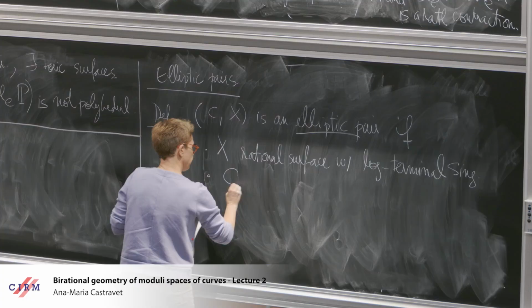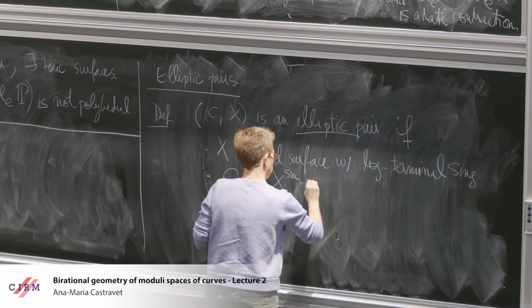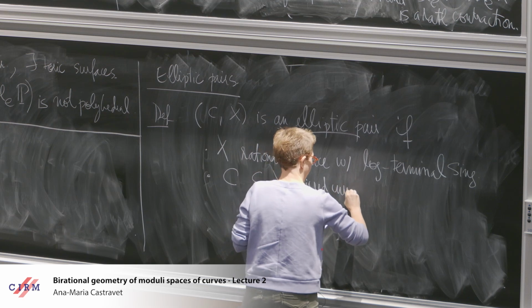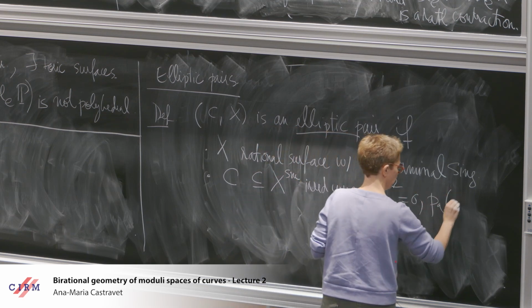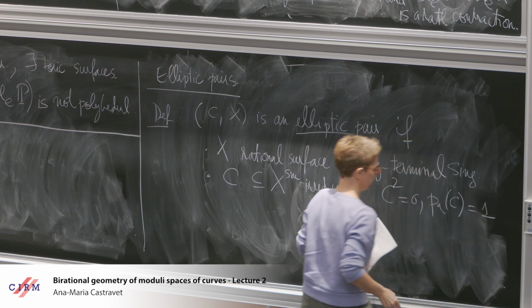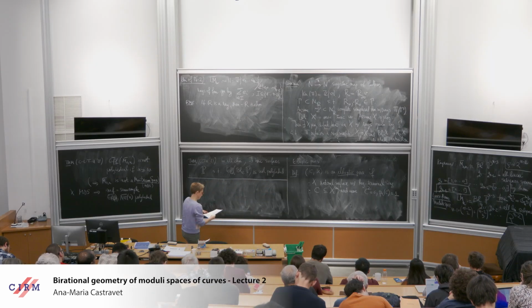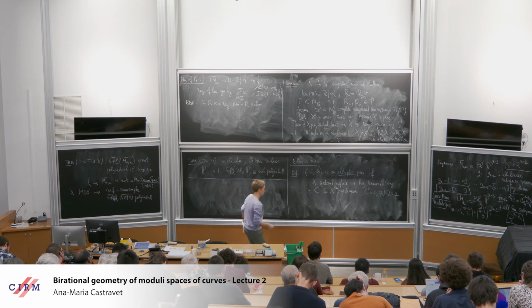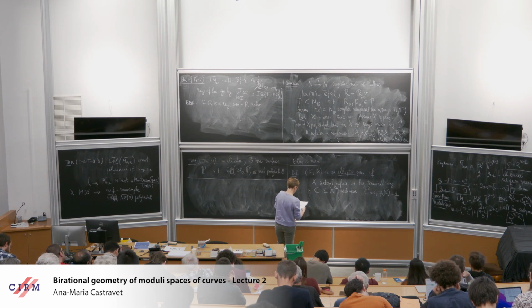And then I want an irreducible curve contained in the smooth locus, with self-intersection 0 and arithmetic genus 1. So in most cases, this is a smooth elliptic curve, but you can allow it to be nodal or a cuspidal cubic in P2.